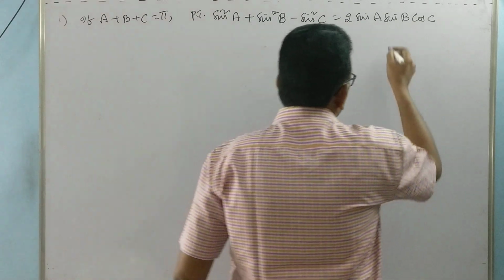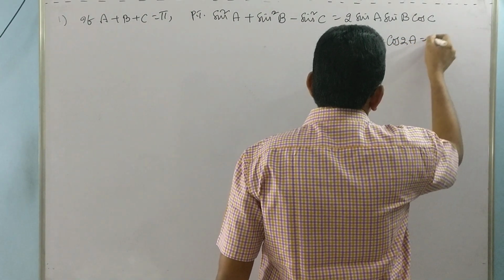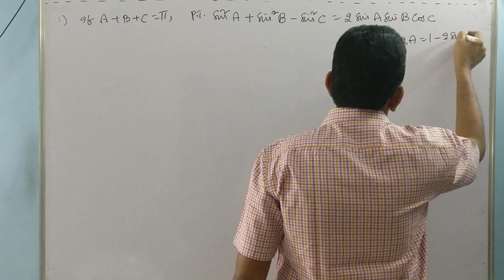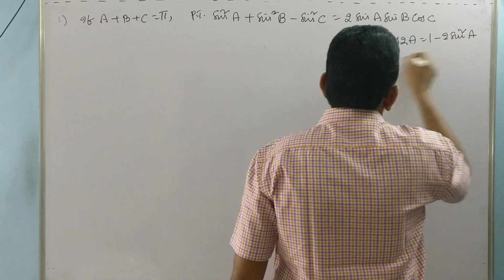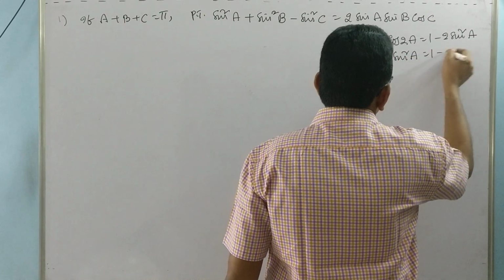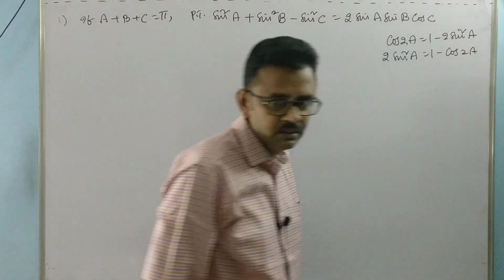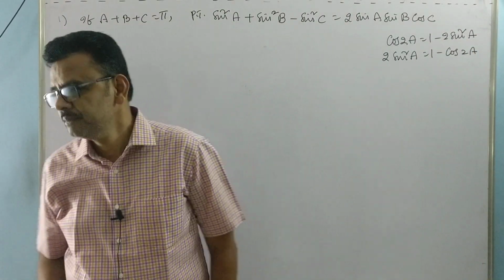By using the formula cos 2a is equal to 1 minus 2 sin square a, we get 2 sin square a is equal to 1 minus cos 2a.